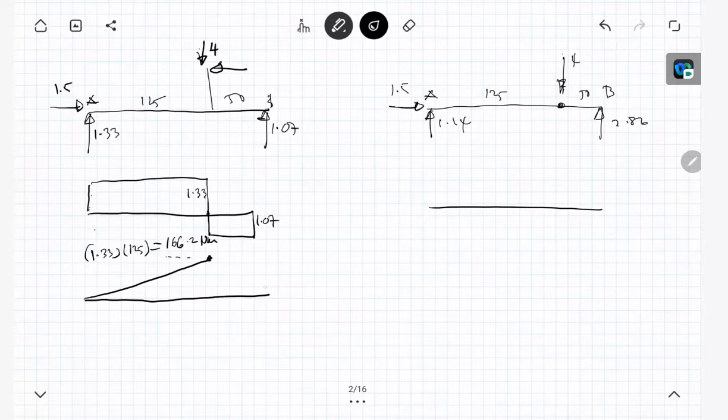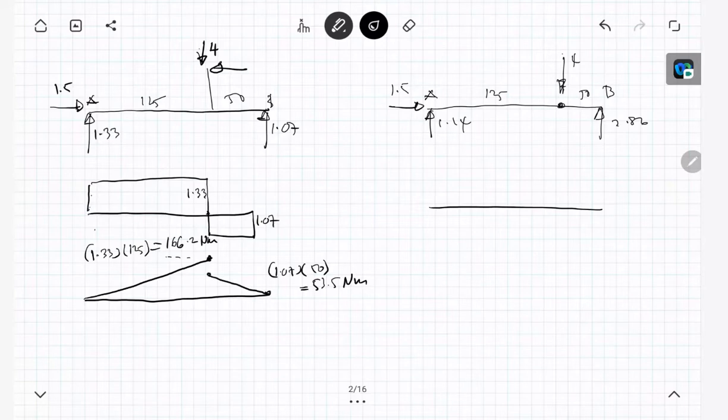And this value is the next from here, 1.07 times 50. Then you will get 53.5 Newton meter. So somewhere down below the 1.66.